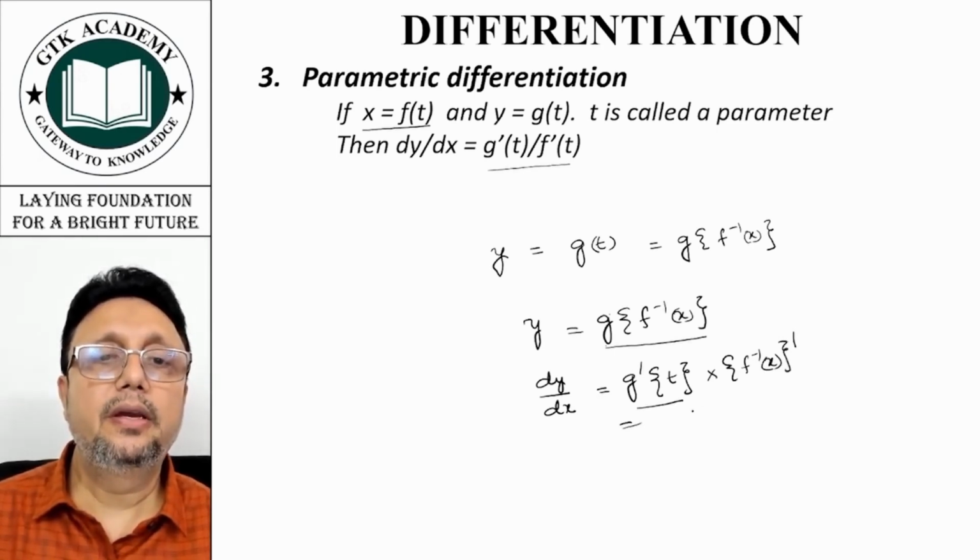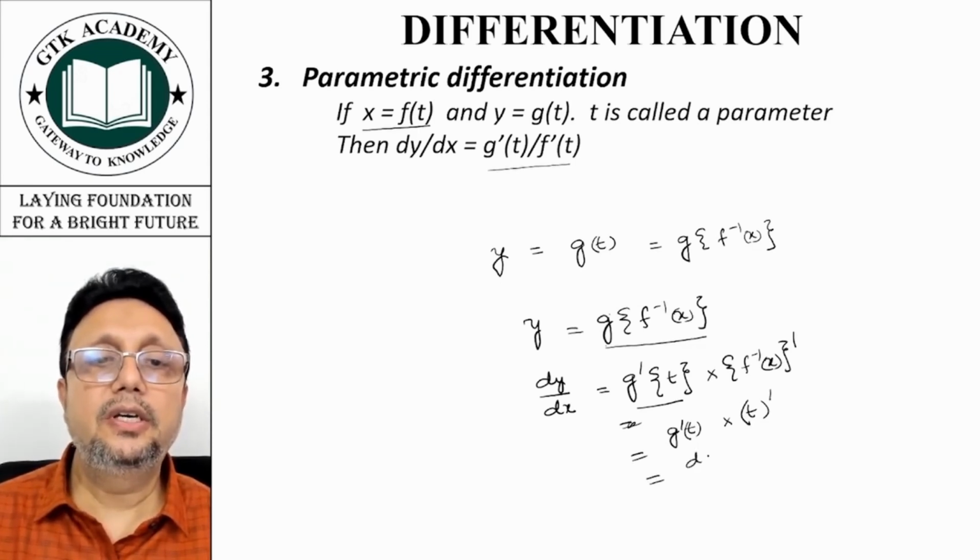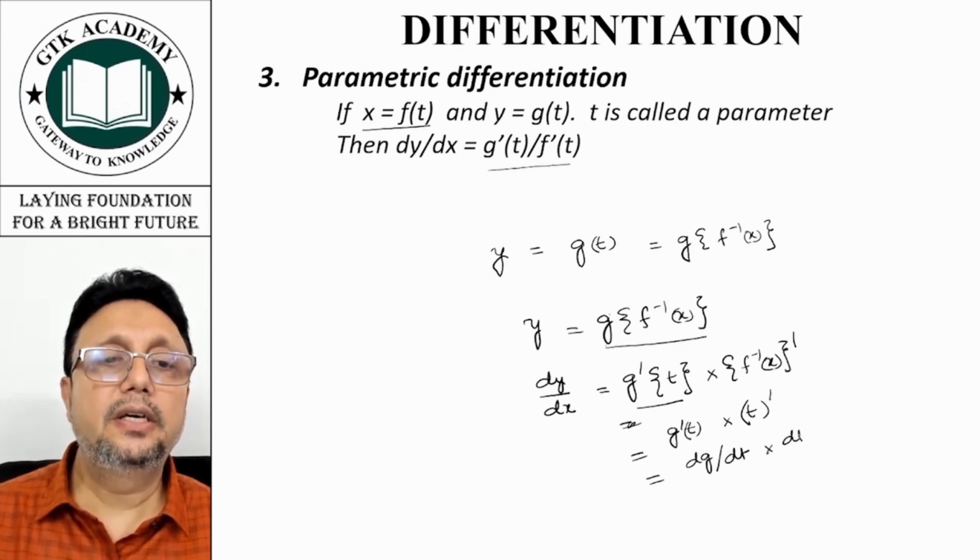Now this will be g dash t, and since f inverse x is equal to t, with respect to x, this is dg upon dt, and this is dt upon dx. So you can write dg upon dt upon dx upon dt.